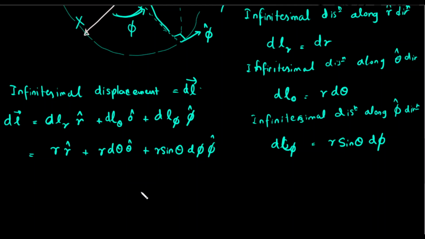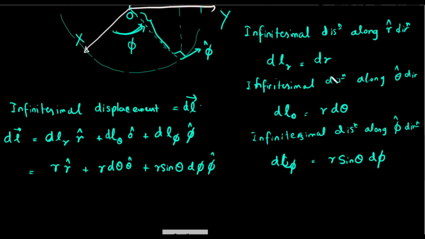Okay, now I'm going to find the infinitesimal volume element. The infinitesimal volume element is the multiplication of the infinitesimal displacements along the r hat direction, theta hat direction and psi hat direction.